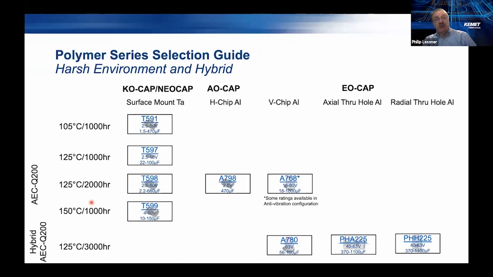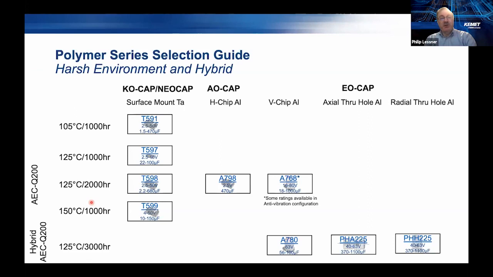I think where MnO2's niche is these days is really at higher temperatures. So polymers do degrade over time at higher temperatures. So if you're looking for a rating or for an application where you need like 175 or 200 or 230 degrees, then MnO2 is certainly the capacitor of choice.